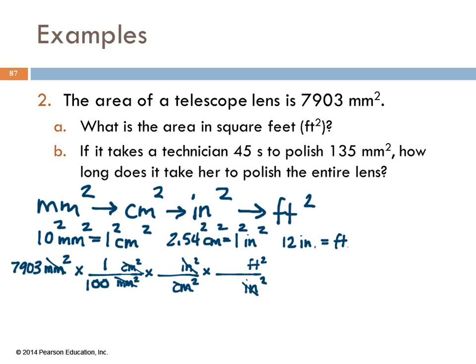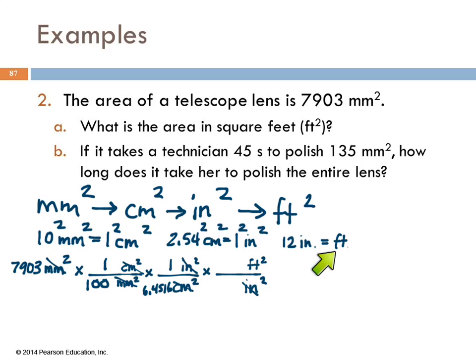So 2.54 squared is 6.4516 and 1 inch. This centimeters to inches is an exact conversion. So when you square the 2.54, you really should not round it off.